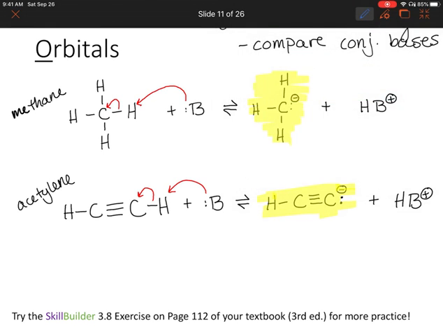So for the first product, what is the hybridization of that carbon? If you're not sure, let's think about the number of bonded atoms and lone pairs.